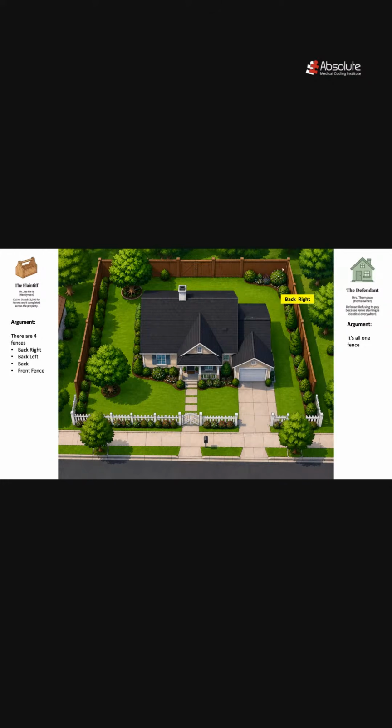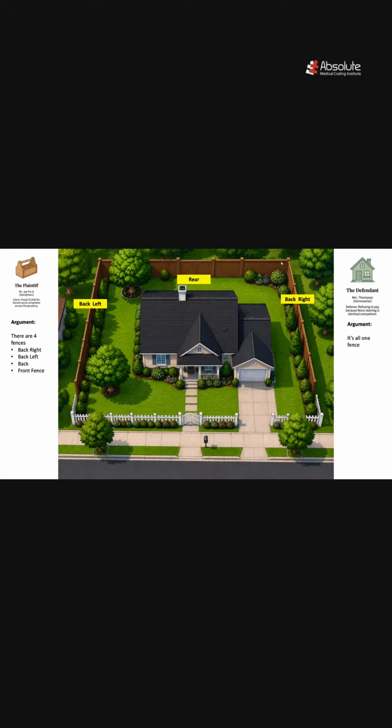In fact, this fence is in the back right part of the backyard. That's the name of that fence. And the fence on the other side, directly across, is on the back left part of the yard, right?